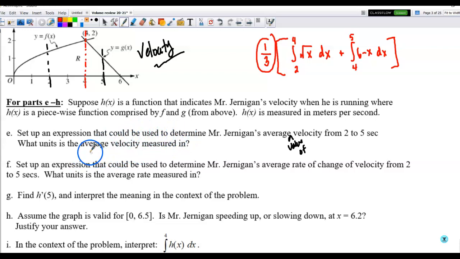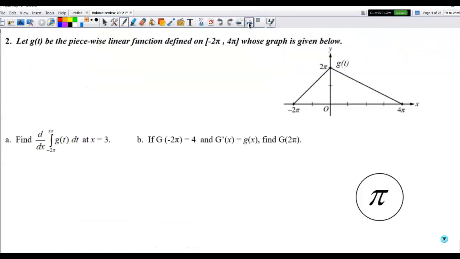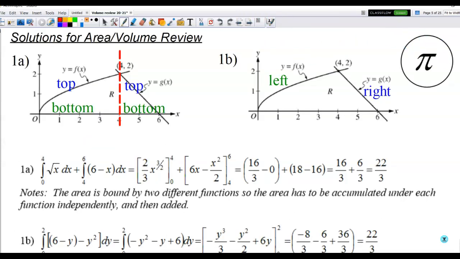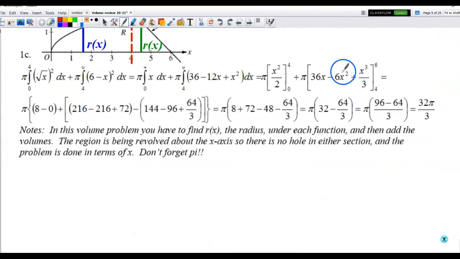So we're only setting up what units is the average velocity measured in, what it is the average of the velocity. So the velocity is measured in meters per second, so that's what this is going to be measured in, meters per second. And you are not evaluating.